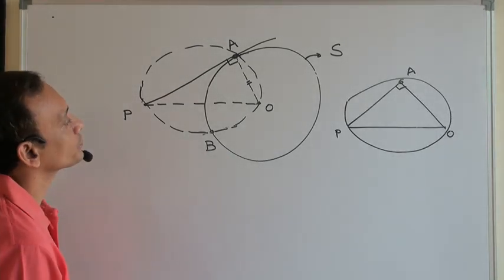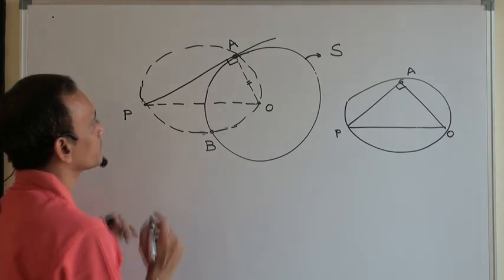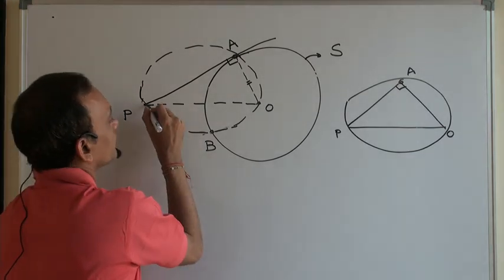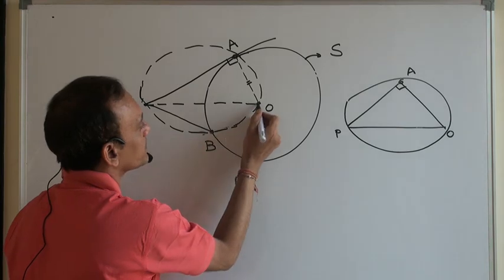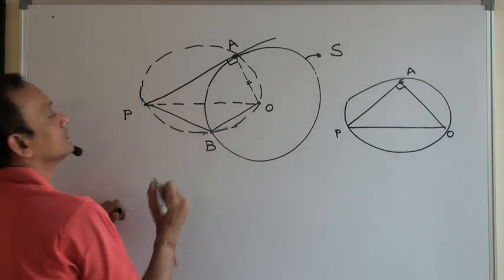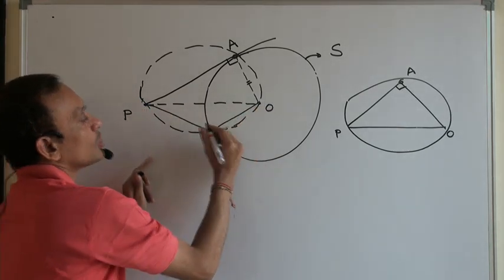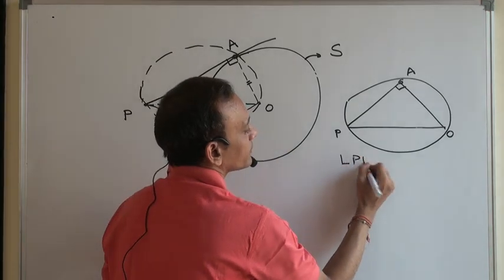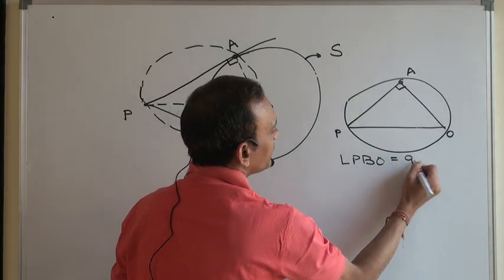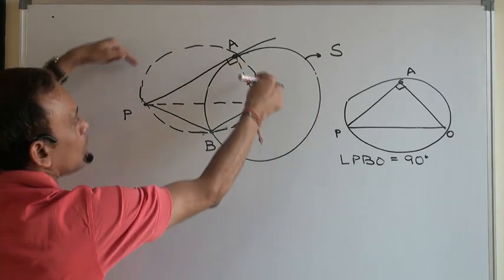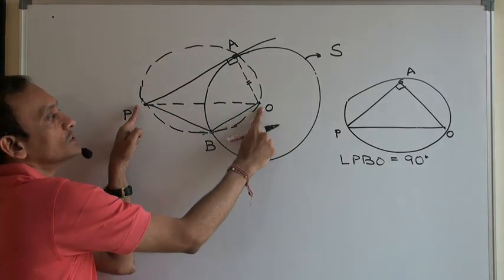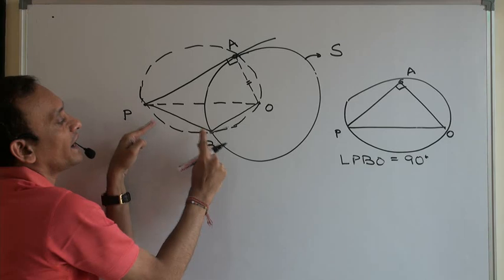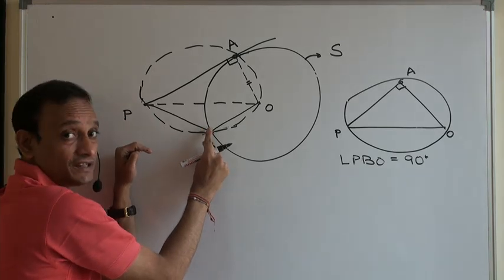Now, would you then mind believing that the angle at B, that means angle PBO, must also be 90 degrees? Why is angle PBO equal to 90 degrees? Because look at this dotted circle. In the dotted circle, OP is the diameter, and this must be therefore another angle in the semicircle.